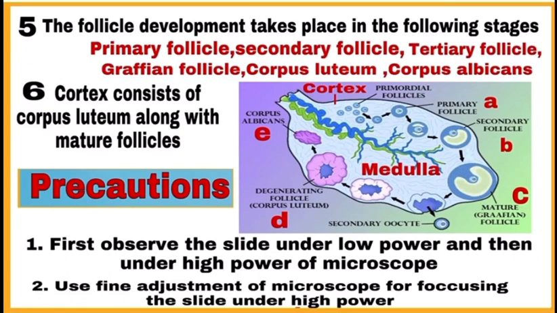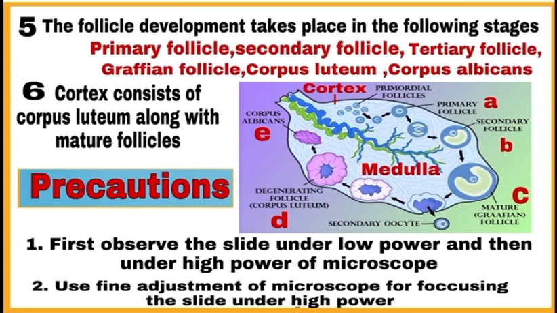These are primary follicle, secondary follicle, tertiary follicle, and late tertiary follicle is called Graafian follicle, then corpus luteum and corpus albicans. Point number 6. Cortex consists of corpus luteum along with mature follicles.